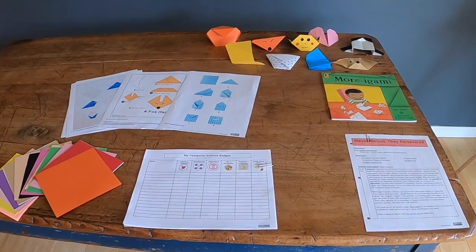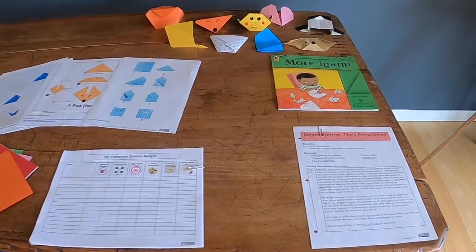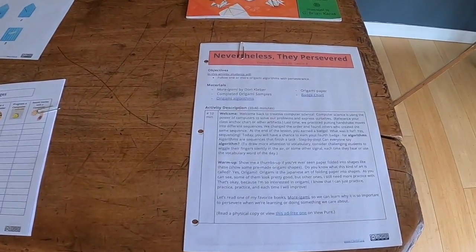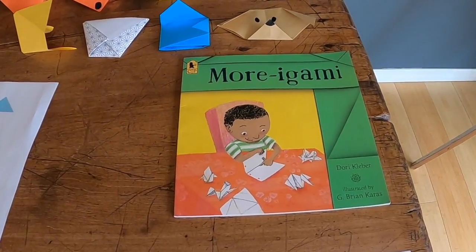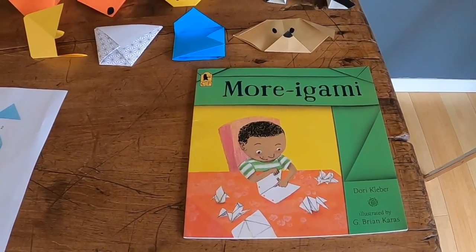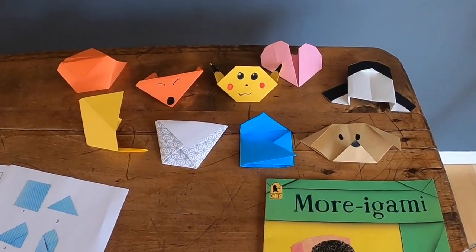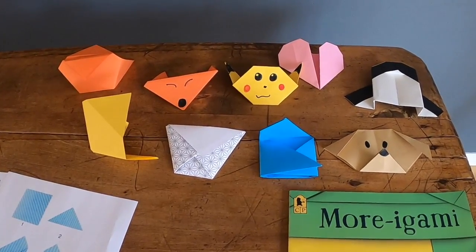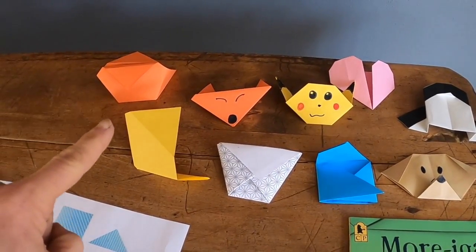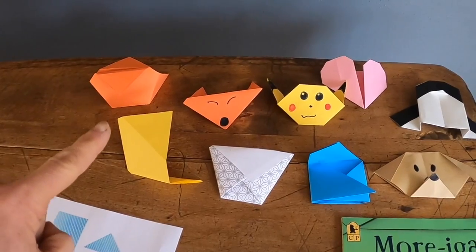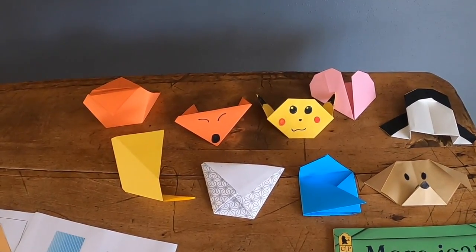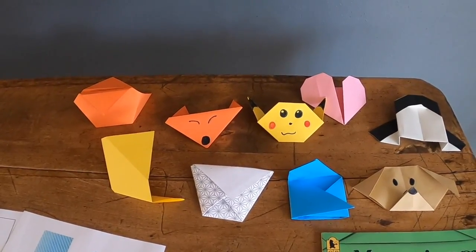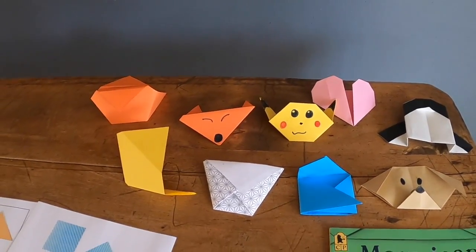The materials that you'll need for this lesson include the lesson itself, which is located in your binder, the book titled Morigami by Dory Klaber, and some finished and in-process origami samples. The in-process ones, where maybe some mistakes were made, are important to show your students to know that this skill takes practice and perseverance.